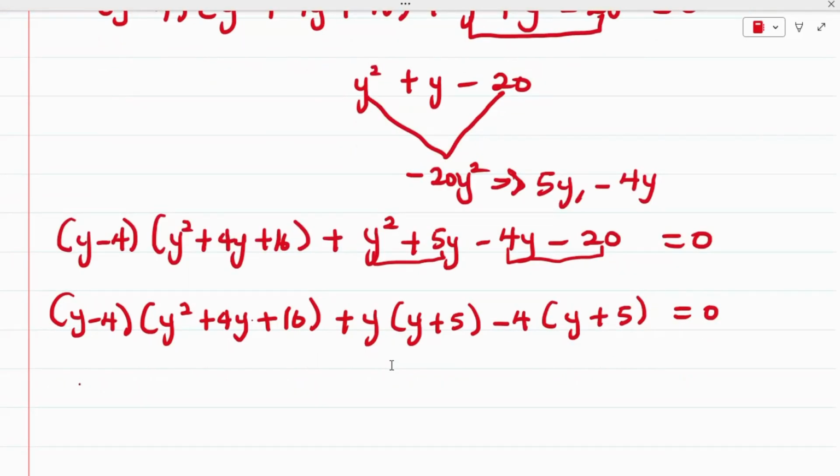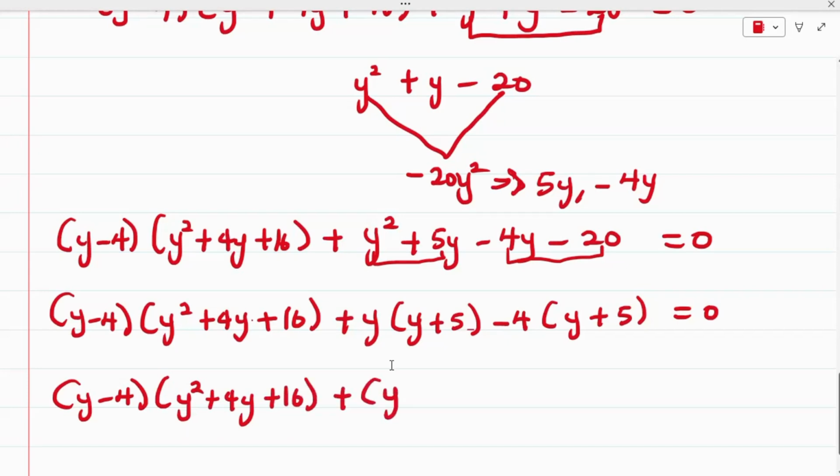So from here we have y minus 4 multiply y squared plus 4y plus 16 plus, now from here we have this to be y plus 5 multiply y minus 4, and this is equal to 0.